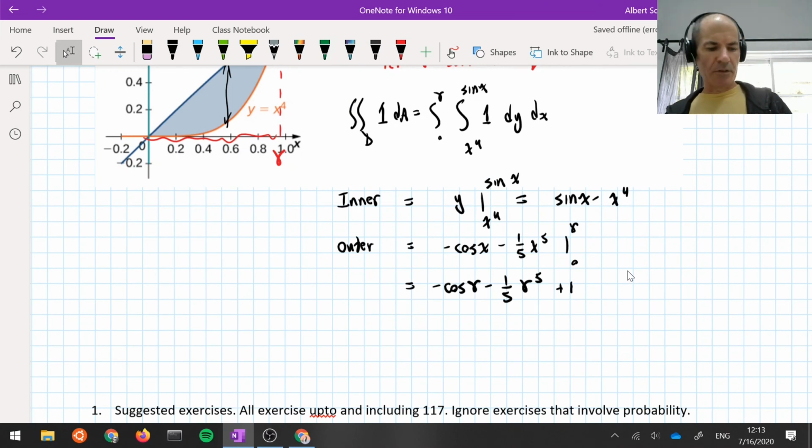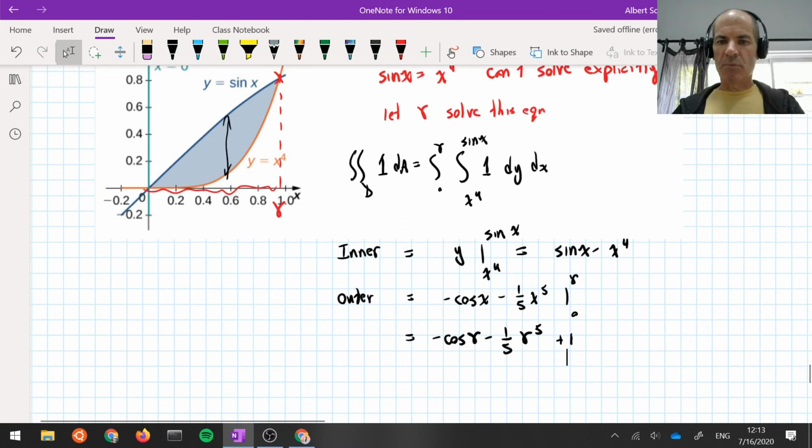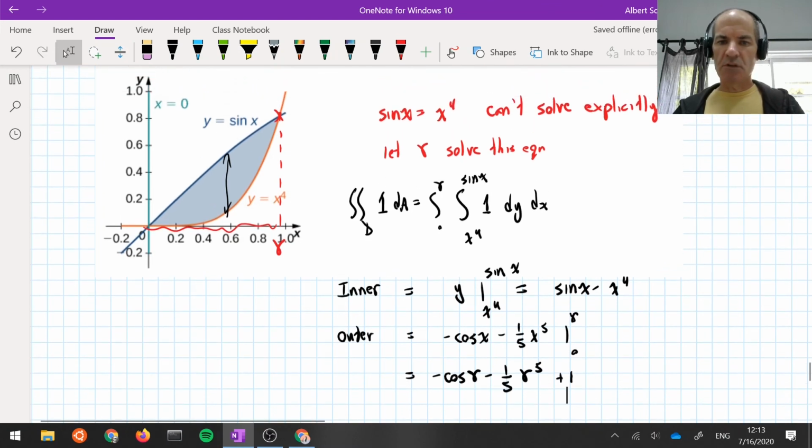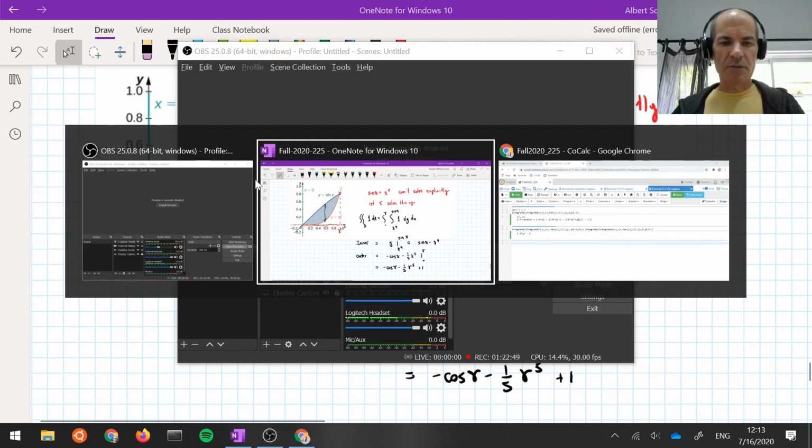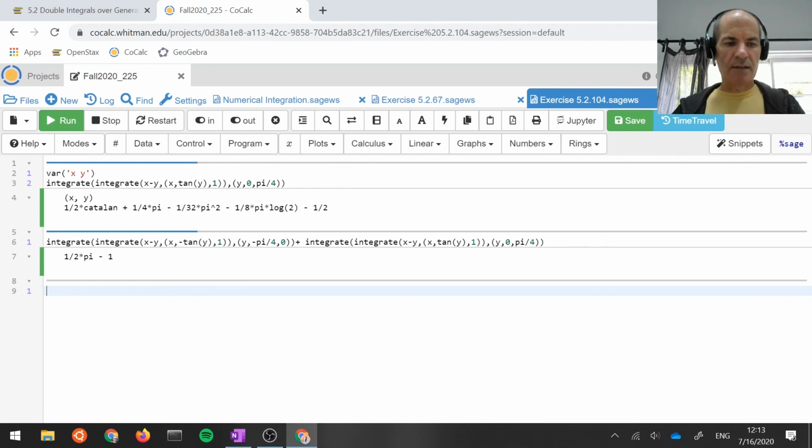You probably won't be surprised to learn that Sage can actually approximate the solution of this equation. Let's jump over to Sage and do so. It's called the find_root function, and just give it the equation, in this case x to the fourth equals sine x, and then tell it where to look for the solution.